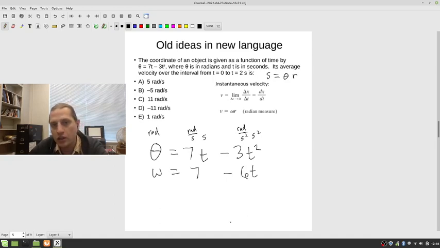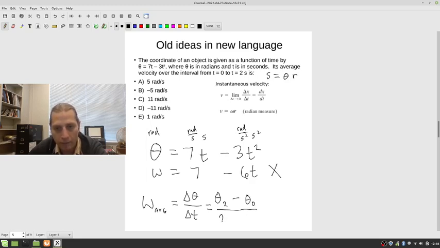Now, interestingly, you actually do not need to do that in this case, because to find your average speed, what you need to do is to find your total displacement over your total time. What does that mean? That means you want to find what is my theta at time equals 2 seconds, minus my theta at time equals 0 seconds, divided by 2 seconds minus 0 seconds.